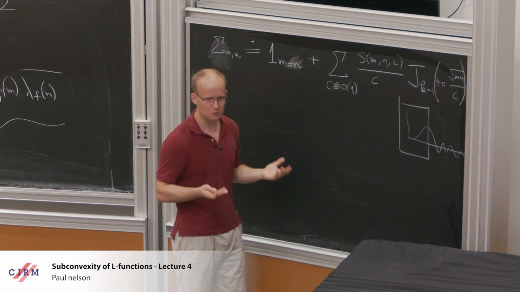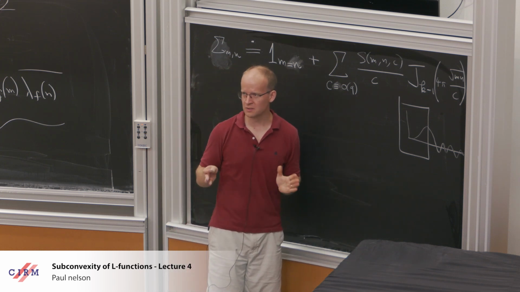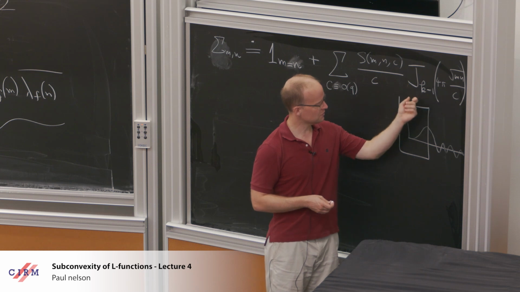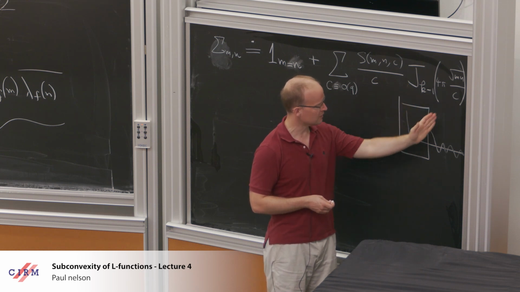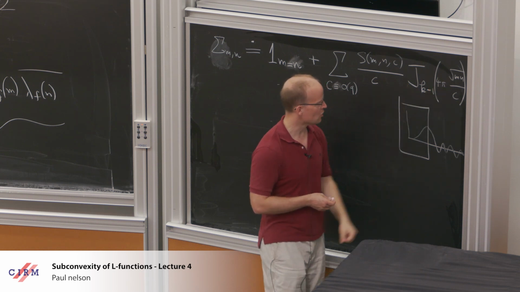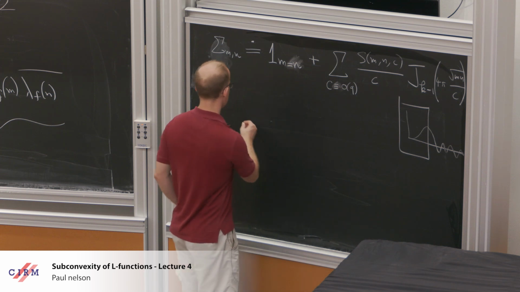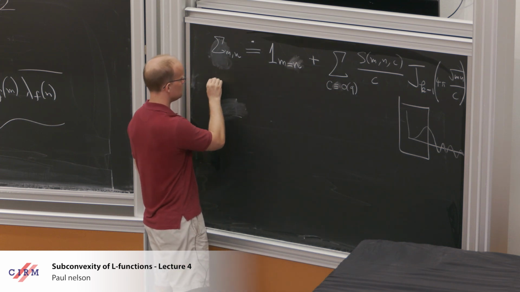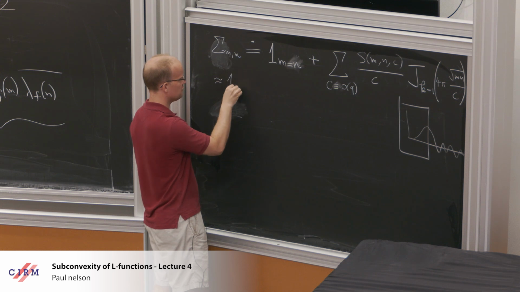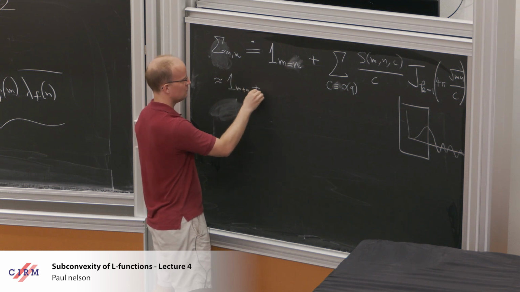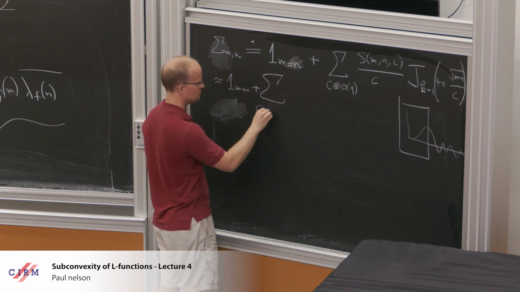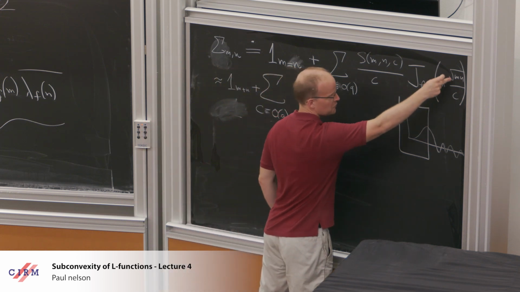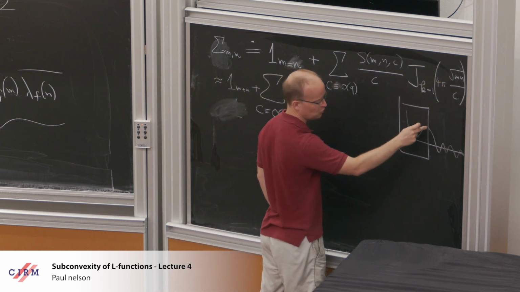And so there, at least if we take k large enough, which we will for this discussion, we can think of this function as decaying rapidly as the argument approaches 0. So we can roughly think of this as, again, this delta function plus a sum over C congruent to 0 mod Q, satisfying the further condition that this argument is comparable to 1.